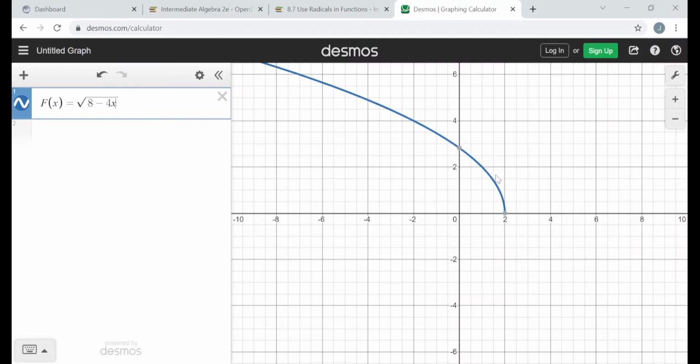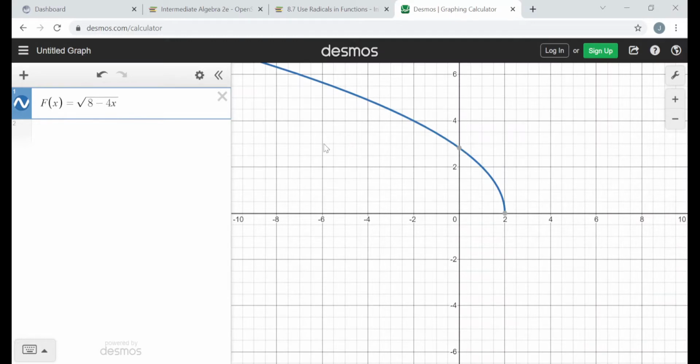And look at this. It starts here at (2, 0), but then goes to the left. Input 2, output 0, input 0, output square root of 8, which is about 2.828.